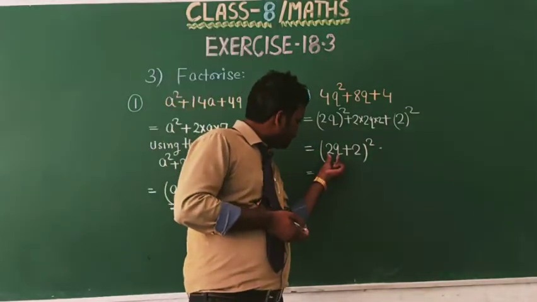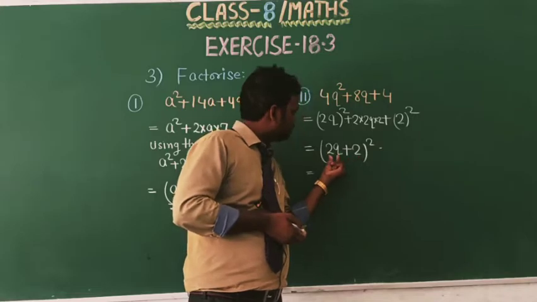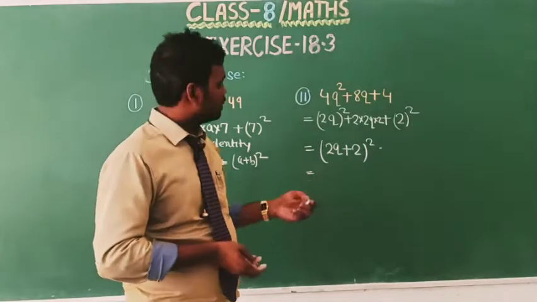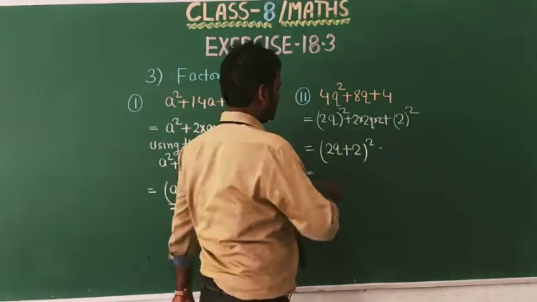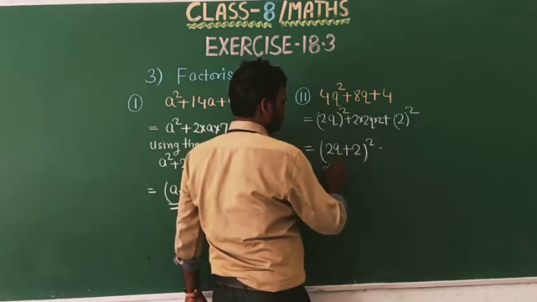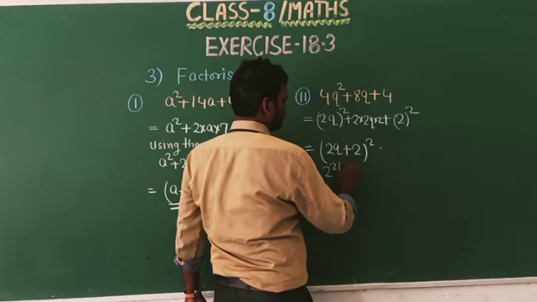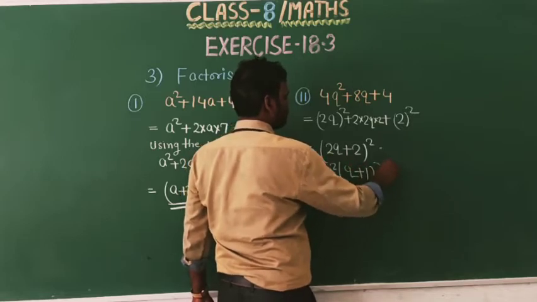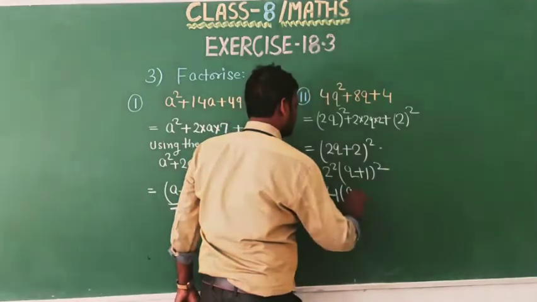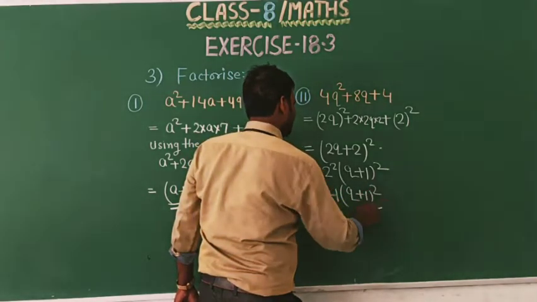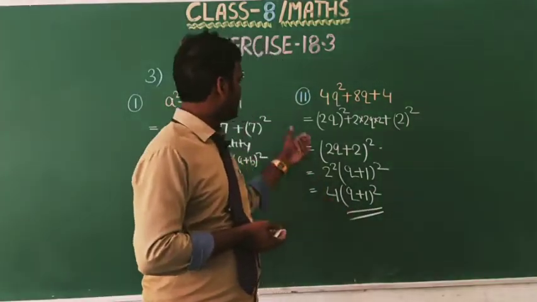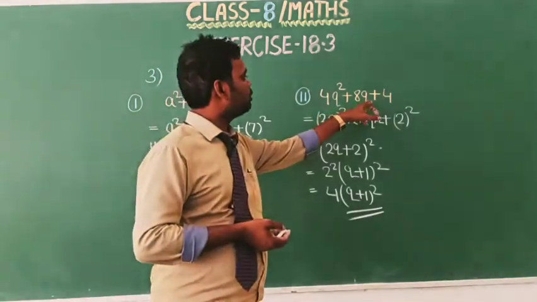In both terms 2 is also common, so taking 2 outside the bracket, this is 2 to the power 2 into q plus 1 whole square, that is 4 into q plus 1 whole square. So this is the answer.